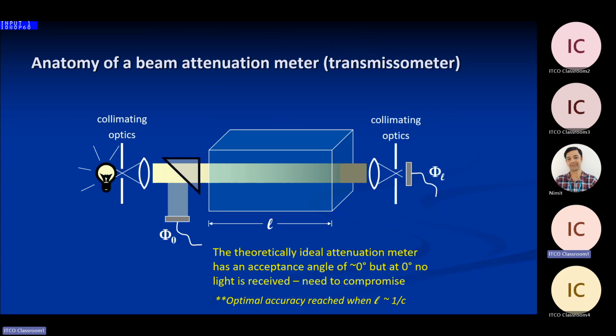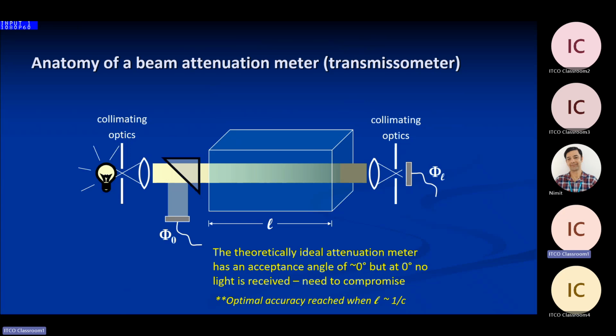And you've got an interplay there: the longer your path, the less light that your detector is seeing. So at some point, you're going to be running against the detection limits of that sensor. But if the path length's too short, you're not going to have enough attenuation through the water to get good resolution between the light that passed through versus the light incident into the tube.